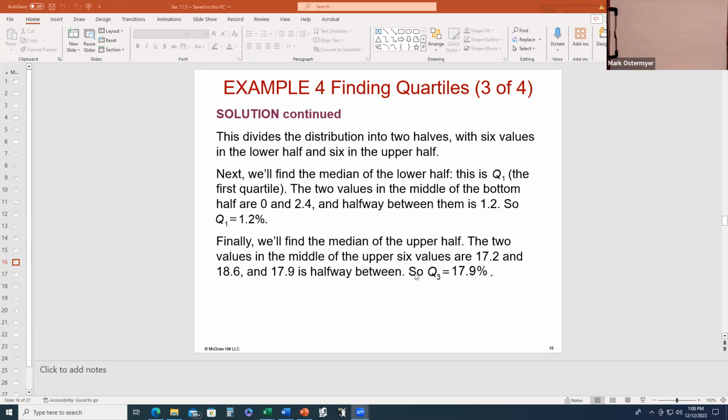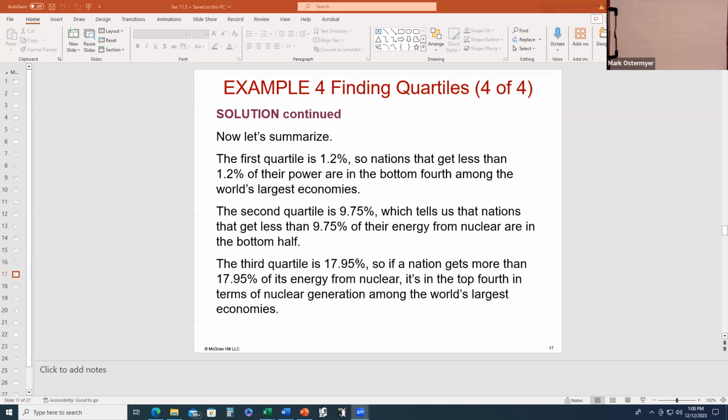This third quartile is 17.9%, just like we found there. I want to say we got the third quartile is 17.95%. We got 17.9, didn't we? The first quartile is 1.2%.